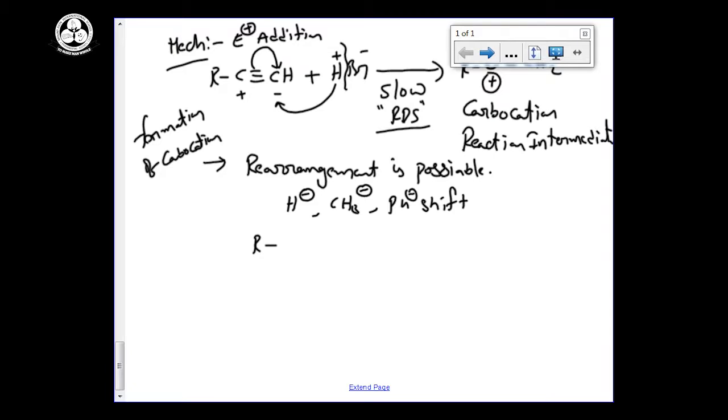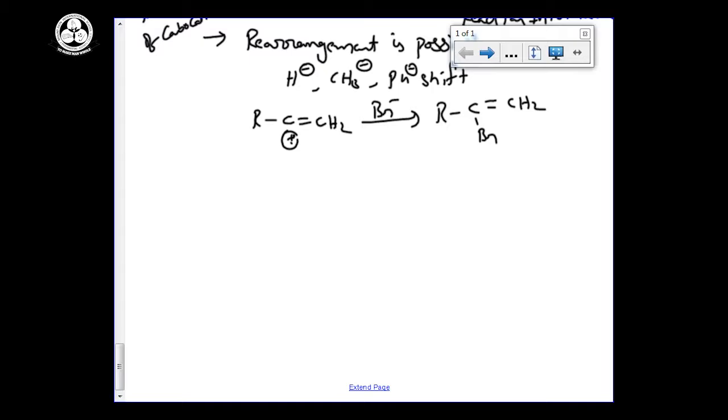Then in the second step I am getting this plus, and we can add Br minus, then we get RC, here Br, double bond CH. The same mechanism we can continue for one more mole. Same mechanism I am continuing for one more mole.